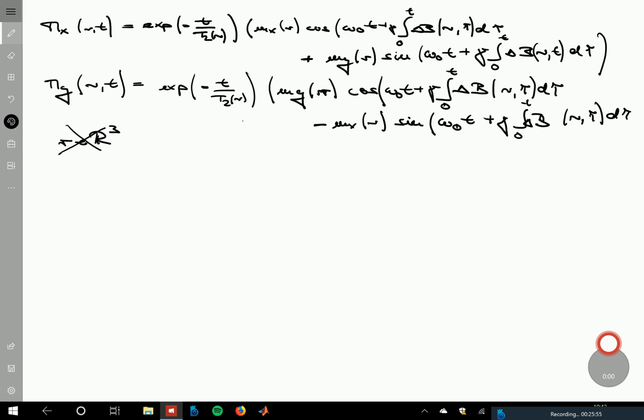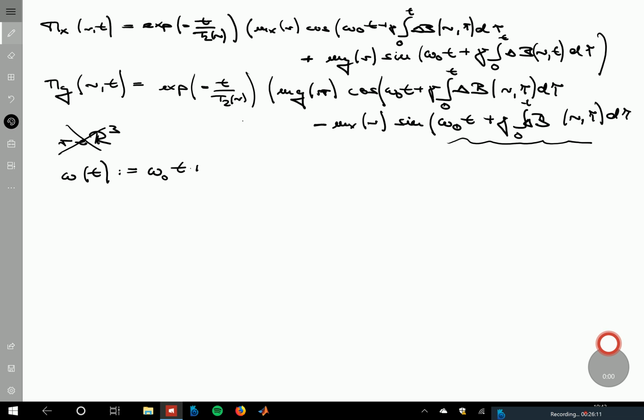The other thing that is helpful in terms of notation is, because this term here is a little bit longish, to express this as a function omega t.